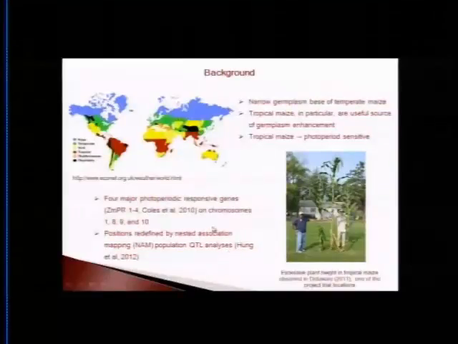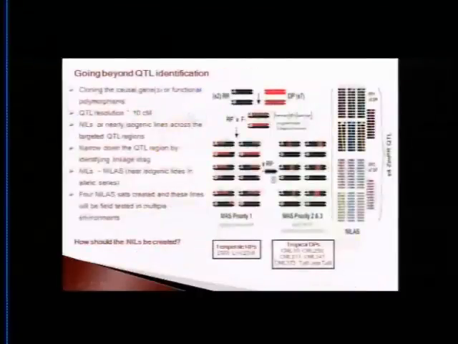So one of the major goals of QTL mapping is not just to identify and place trait-linked loci on the genome, but also to clone the causal genes or functional polymorphisms. And in general, the QTL are resolved to regions which are as large as 10 centimorgan.